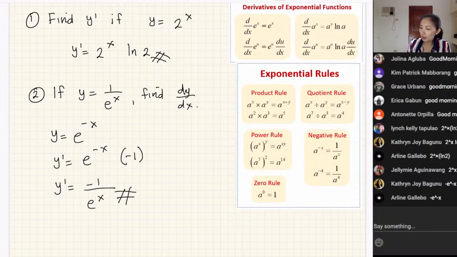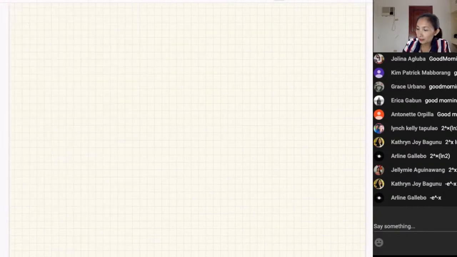Now, we proceed to the next problem. Number 3. Let's combine our previous formulas from our algebraic differentiation, chain rule, power rule, quotient rule, sum and difference, and then trigonometric and inverse trigonometric functions.